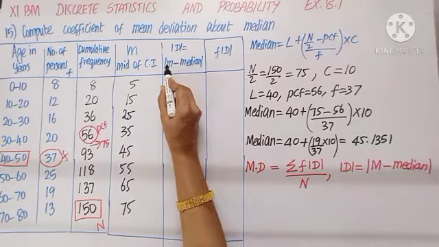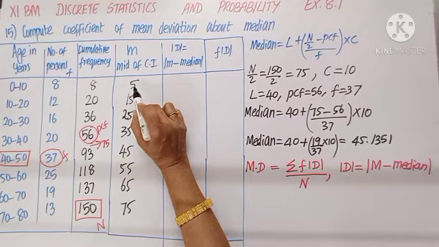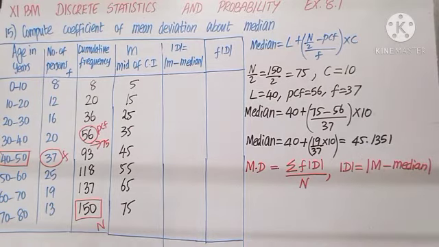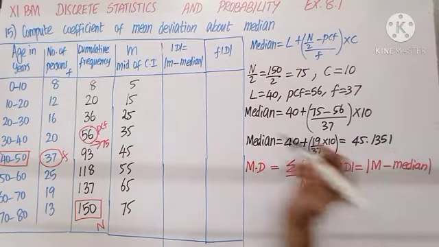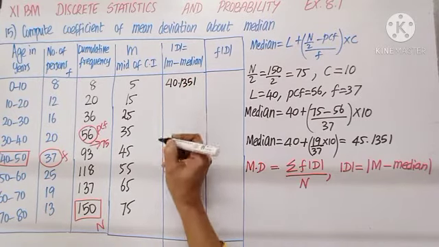Deviation is m minus median. M value minus median is, as we subtract 5 minus 45.1351, it is 40.1351.